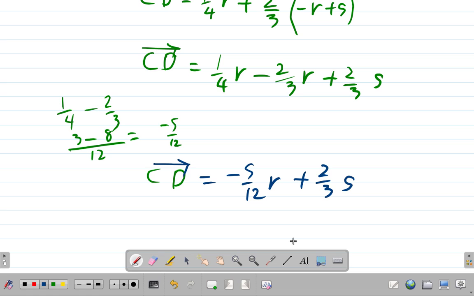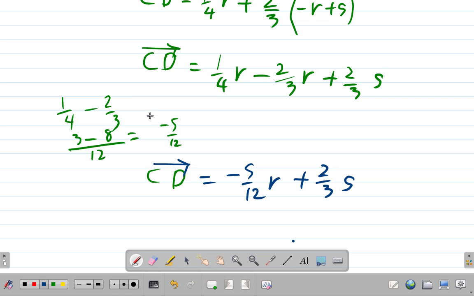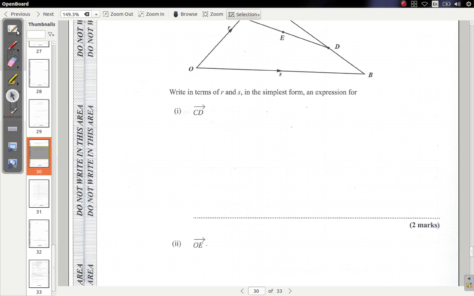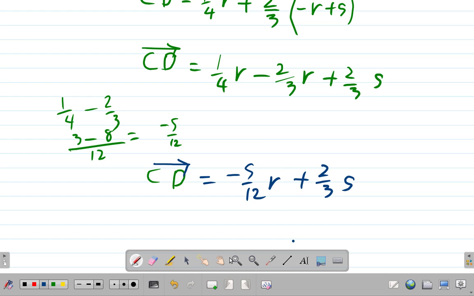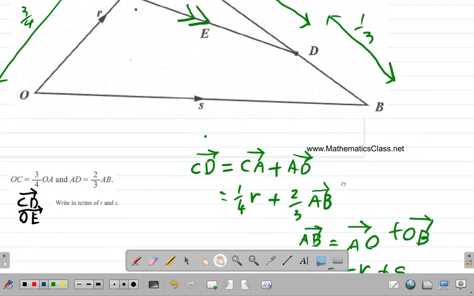Alright, so we have CD. You see, that's a CD there, so the amount of work you have to do for just 2 marks. My gosh. But anyway, if you show the working, make sure you show the working.